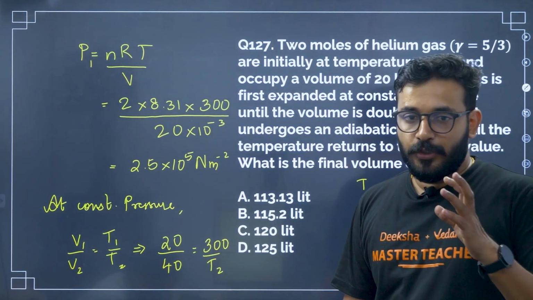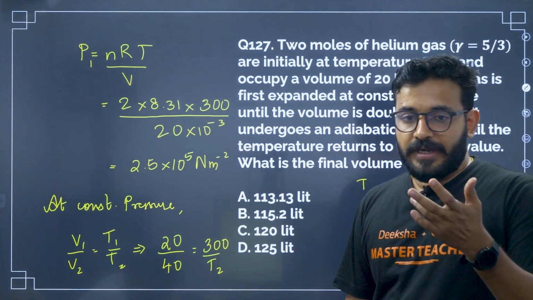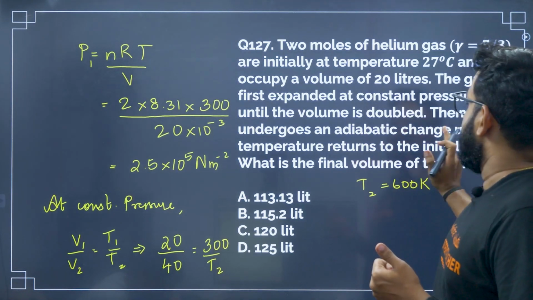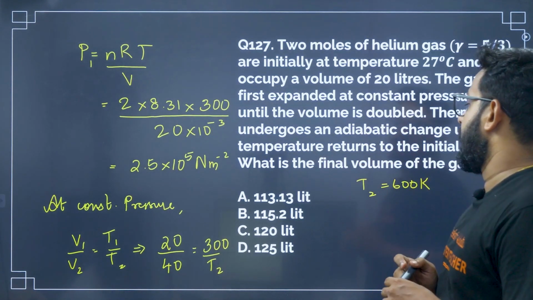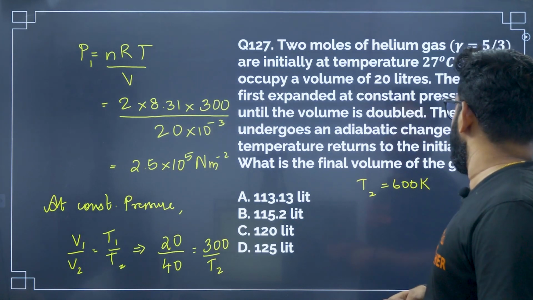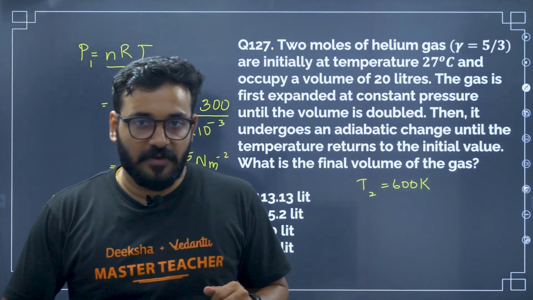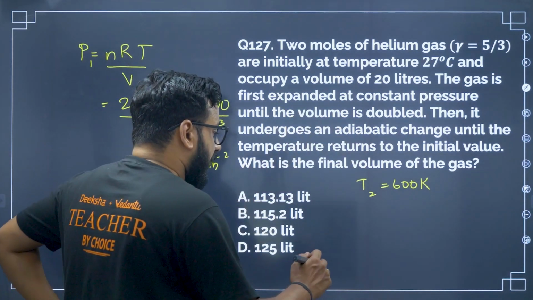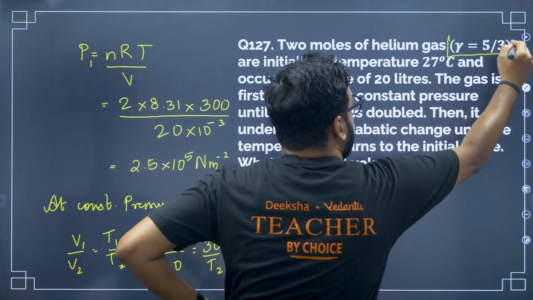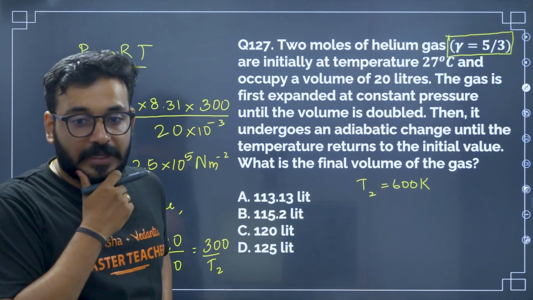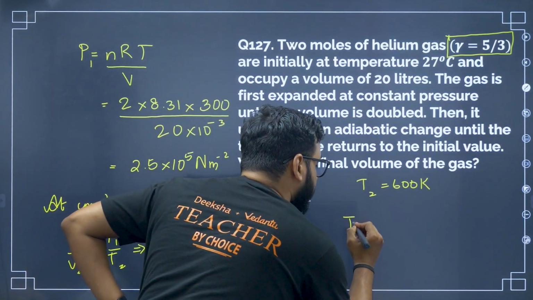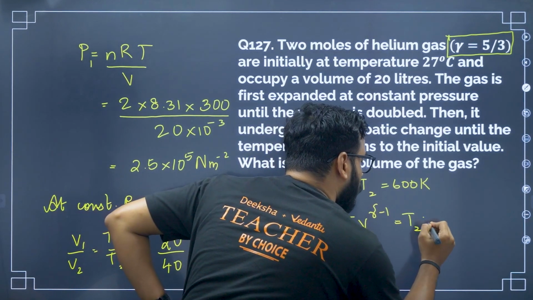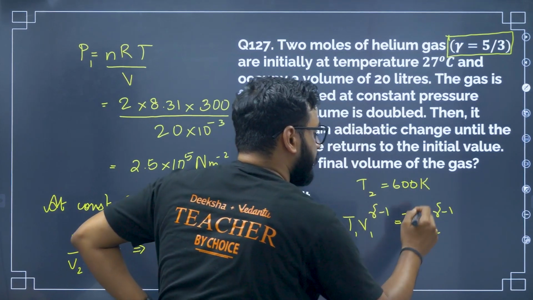So now we have found T2 as well. Now ultimately we have to find, then it undergoes an adiabatic change until the temperature returns to the initial value. What is the final volume of the gas? Since the adiabatic condition has come into the picture, what is the adiabatic equation? It is T1 V1 to the power gamma minus 1 is equal to T2 V2 to the power gamma minus 1.